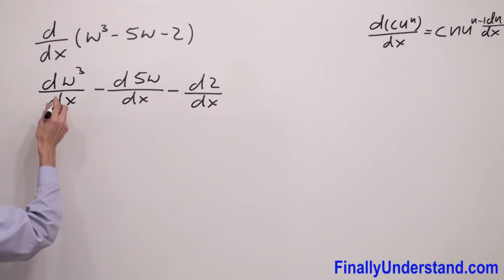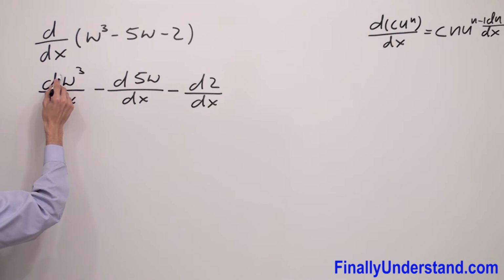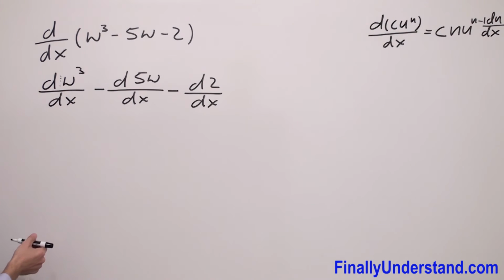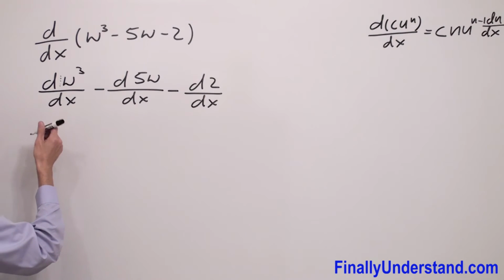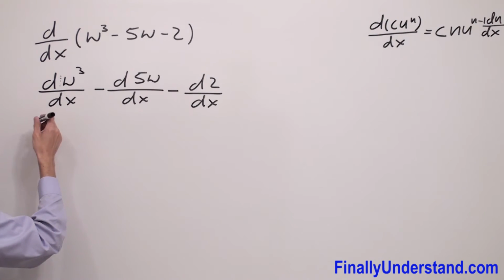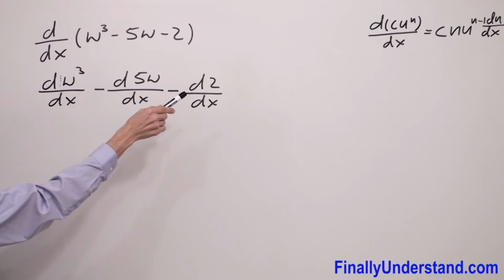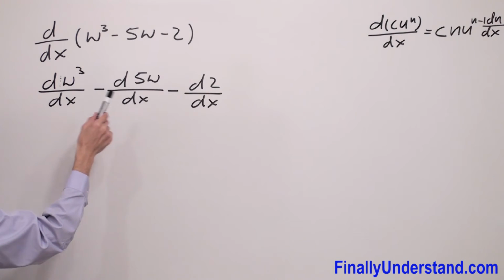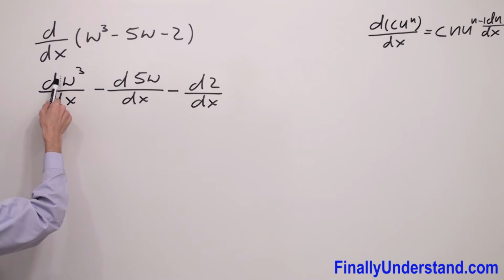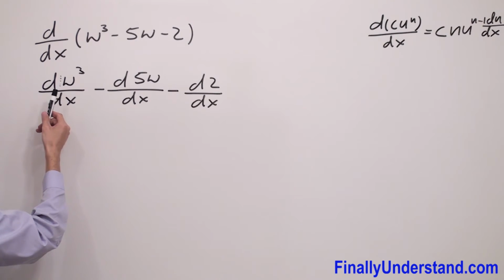So what we're supposed to do is simply keep in mind that anytime there is no coefficient over here, there is always an invisible one. So if you want to find the derivative, you're supposed to simply use this formula. We have to write the constant first, but because the constant is 1, I'm not going to write it.